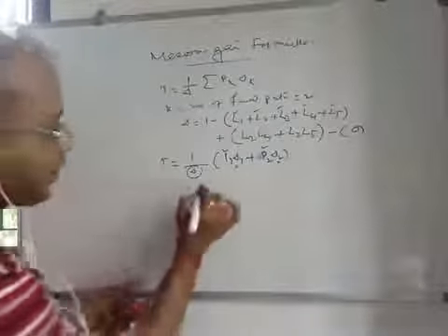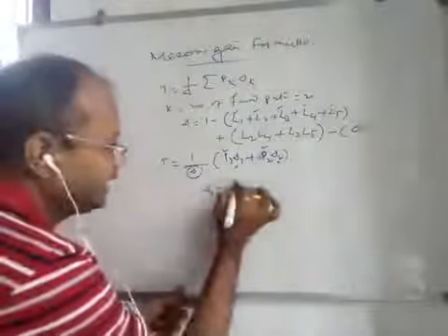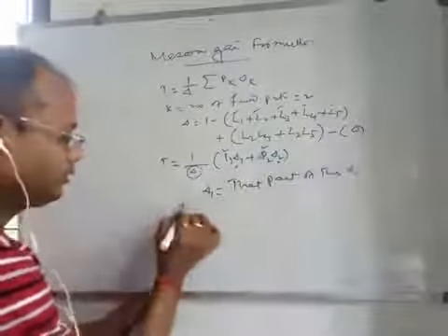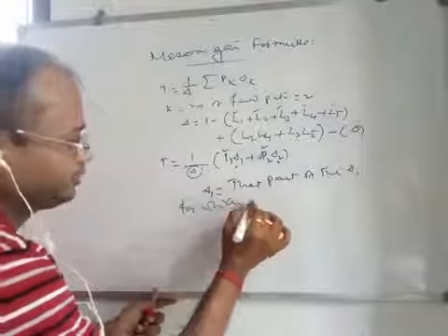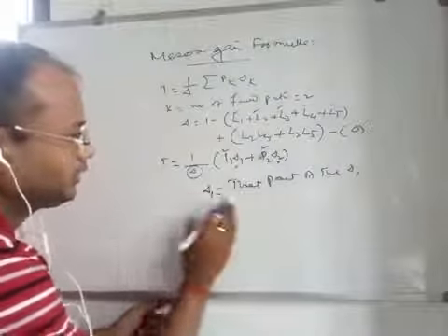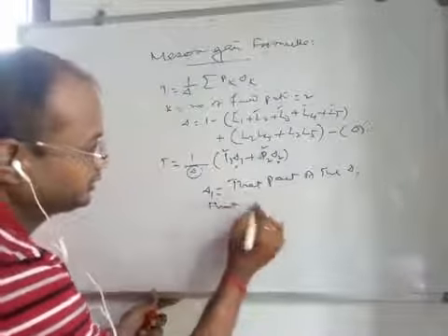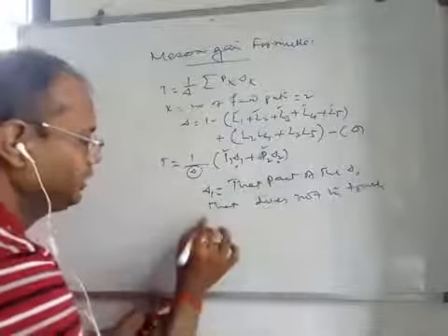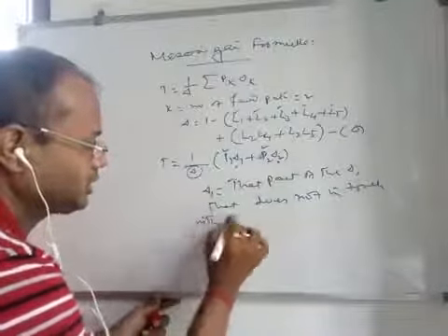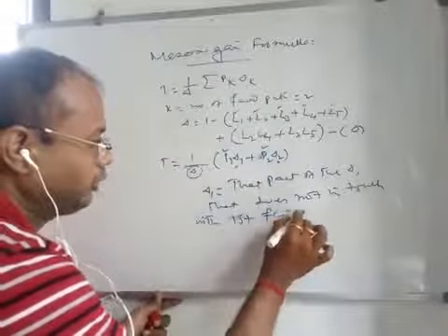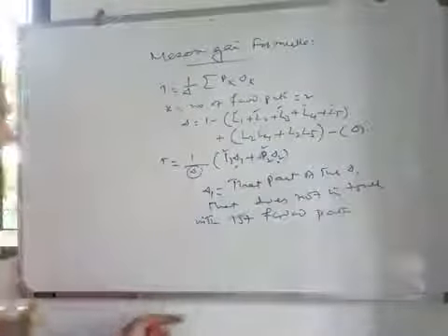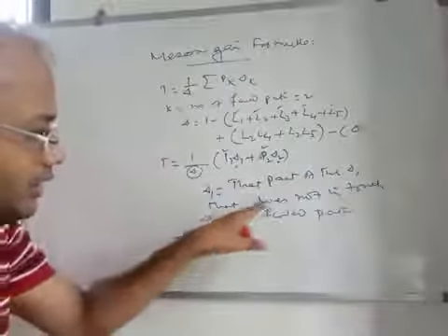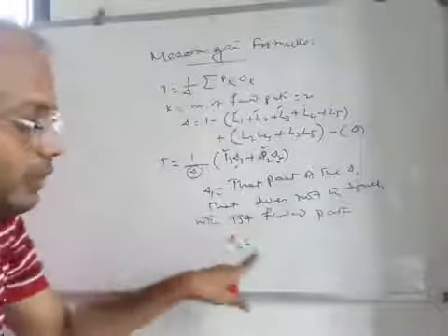So delta 1 is defined as that part of the delta that does not touch the first forward path. Similarly, delta 2 will be that part of the delta that does not touch the second forward path, right?